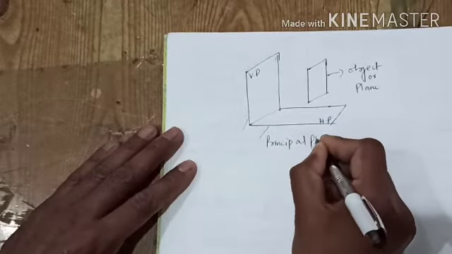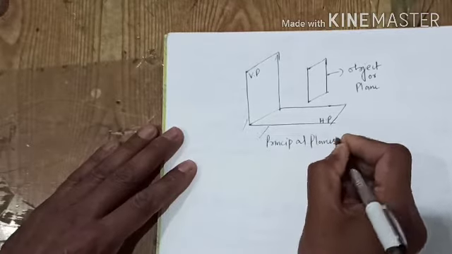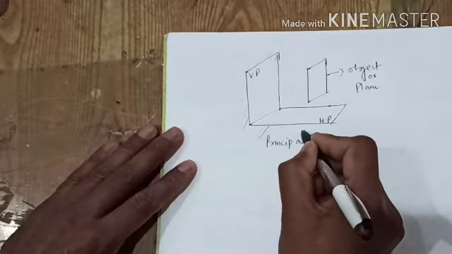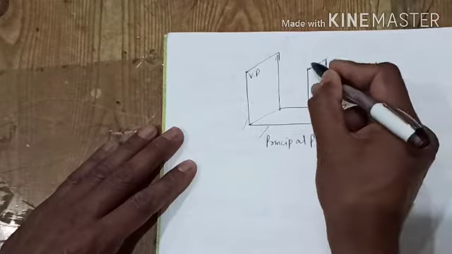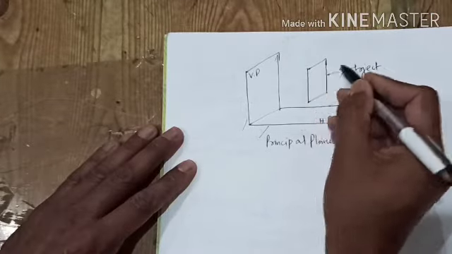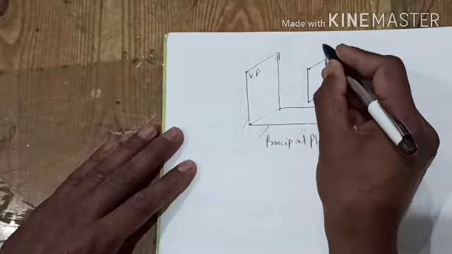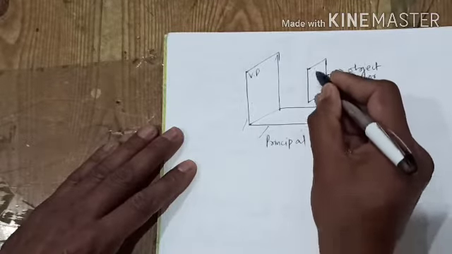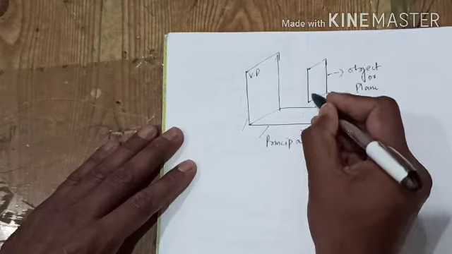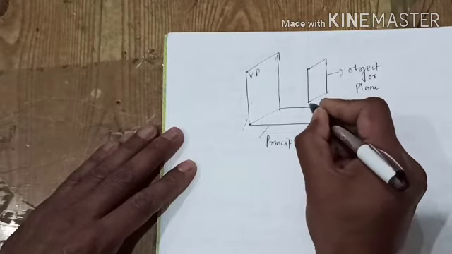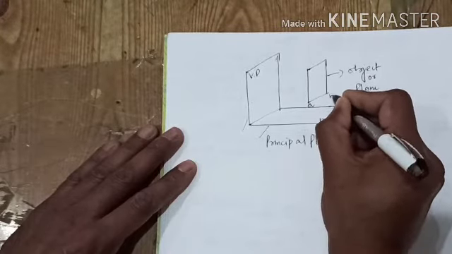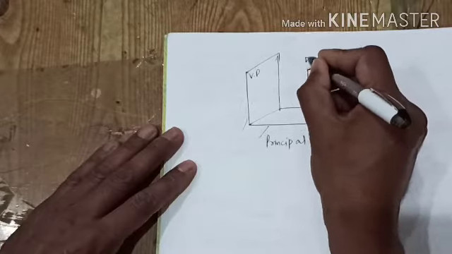These two are principal planes, and this is the plane whose projection we have to draw on these two reference planes. Let us call this plane A, B, C and D.